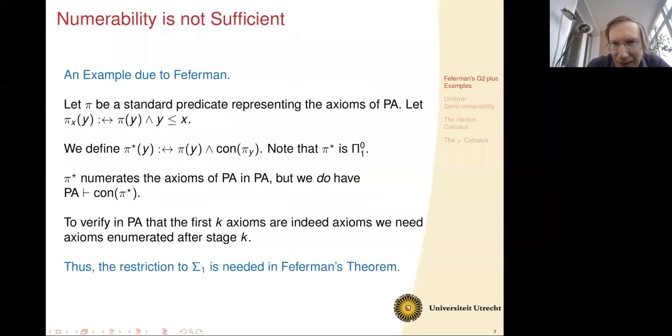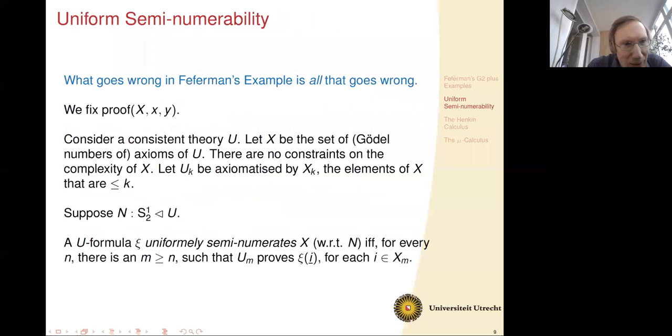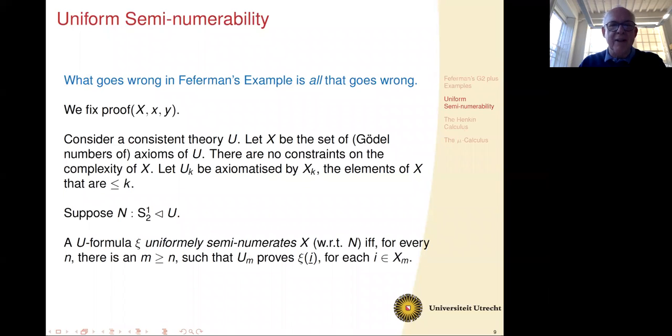Okay, good. So now, escaping this, the important insight. If you look at Feferman's example, the axioms proved to be axioms need more axioms to prove that they are axioms. This kind of thing is all that goes wrong. So if we define what I call uniform semi-numeration, we are fine. So what is semi-numeration?